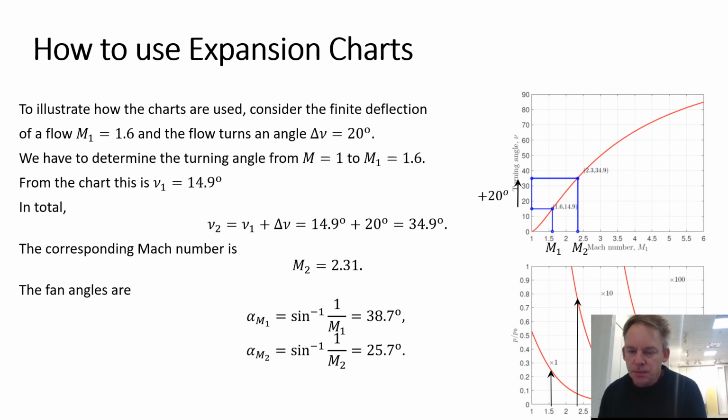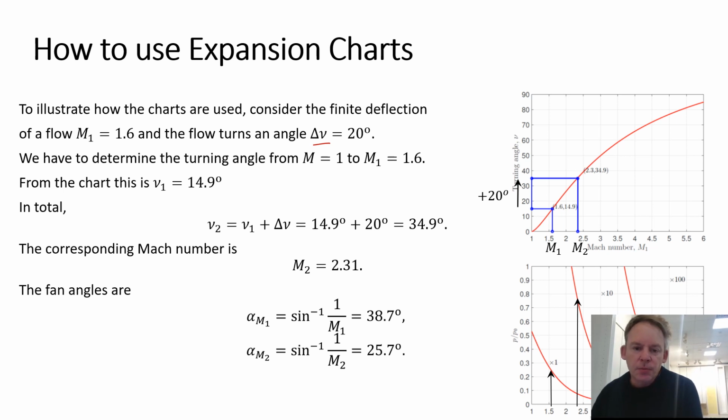So this is the question discussed again, where we start off with a Mach number of 1.6 and we have a turning angle of 20 degrees. We ask ourselves, what does this chart tell us? And this chart tells us what the turning angle would be if you started with a Mach number of 1.